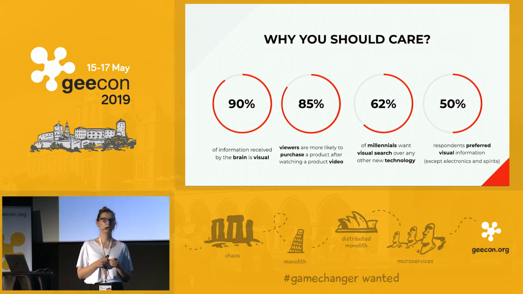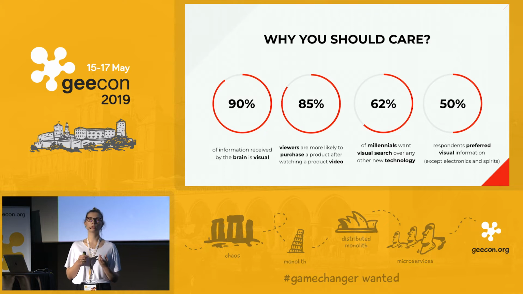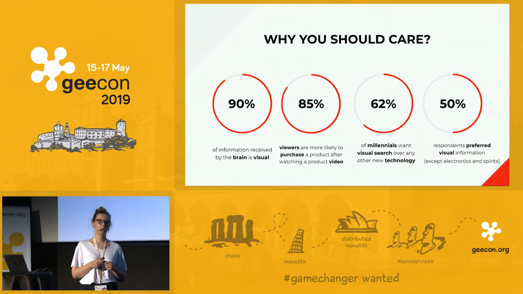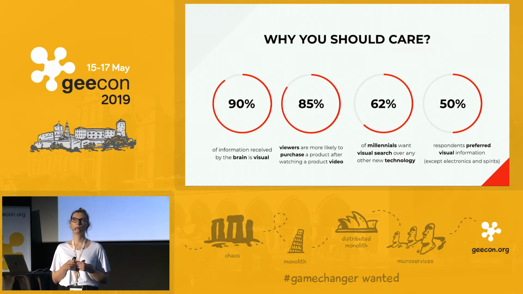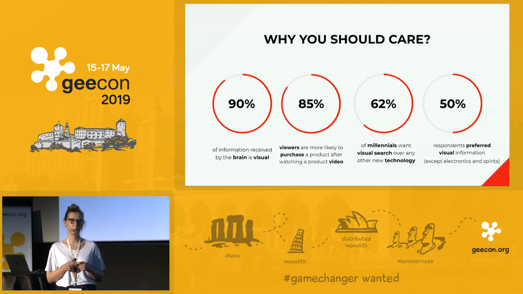And viewers are 85% more likely to purchase a product after watching a product video. 85%. So most of the customers who are convinced visually will buy. 62% of millennials want visual search more than any other new technology. Really powerful. And the study was done 2 years ago, so probably now it's even more.